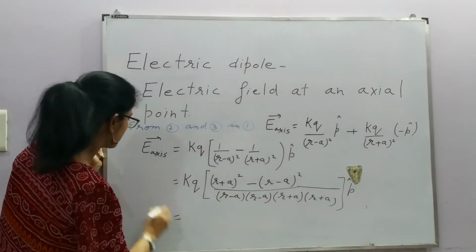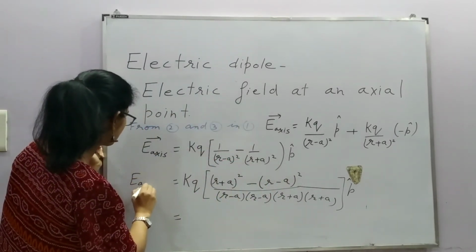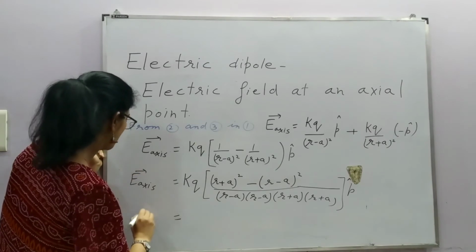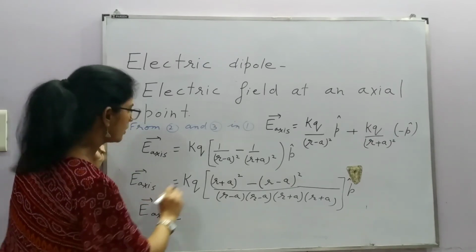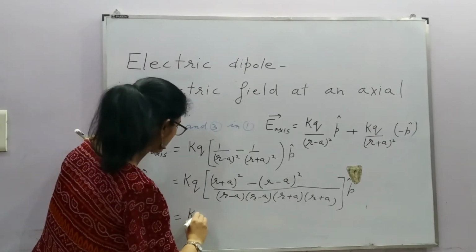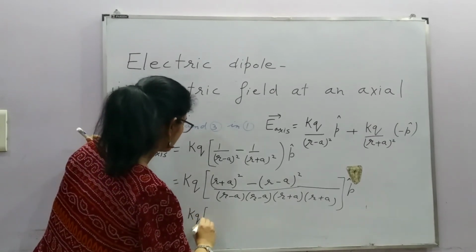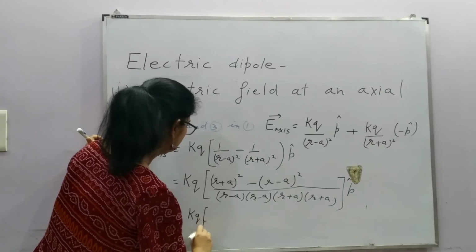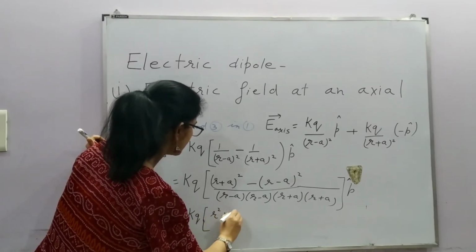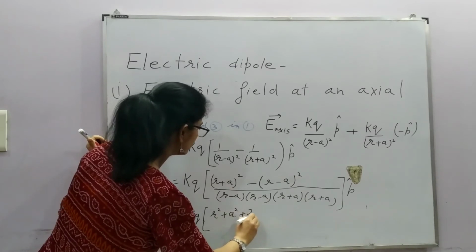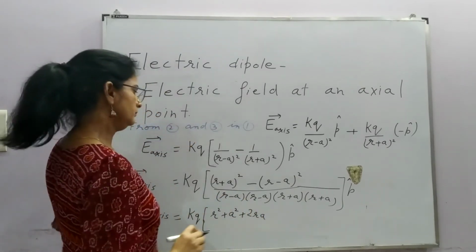So this makes it E axis. This makes it K Q, and let's solve it. A square plus B square plus 2AB.